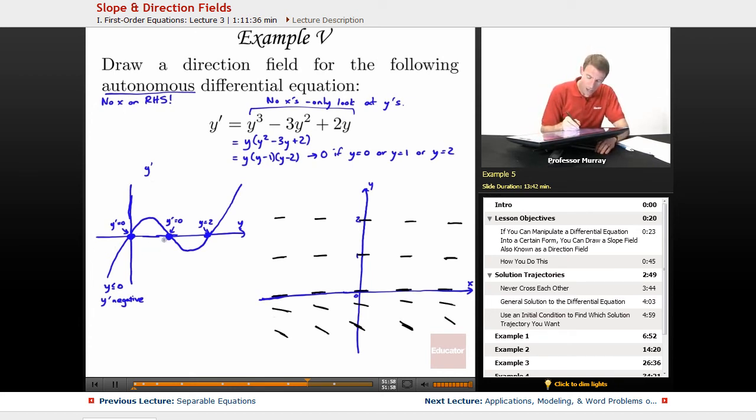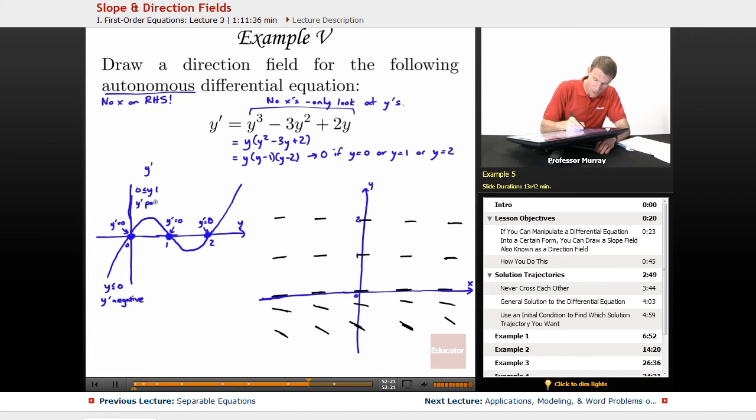When y is between, there's 0, there's 1, there's 2. This is y prime equal to 0 at y is equal to 2. Now, when y is between 0 and 1, what I see here is that my y prime is positive.